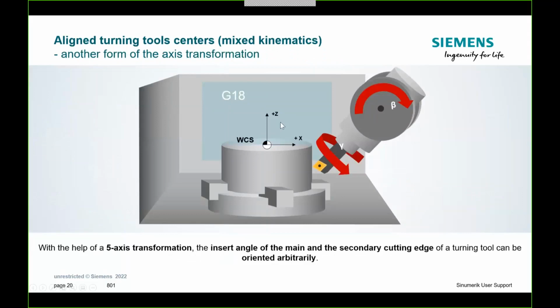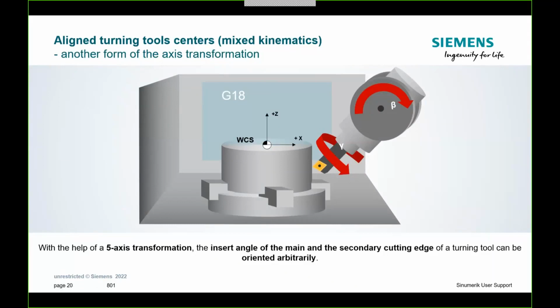So the first thing is when you're in a head-table kinematic, you're going to have your beta and your gamma on the spindle. So this beta is the rotational angle of the tool, and the gamma is the rotational angle of the tool around the spindle. That means I can physically rotate this tool to plus or minus 5 degrees or 180.